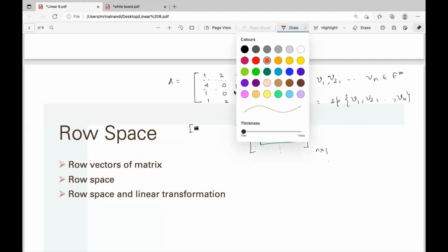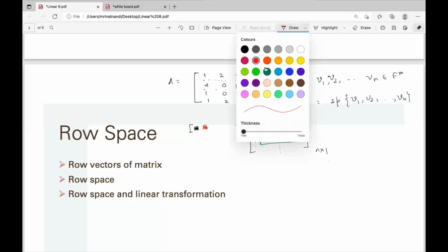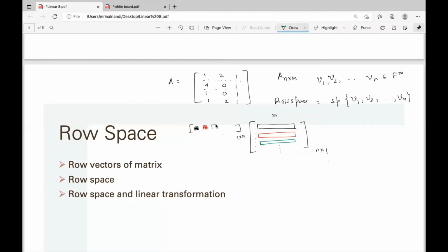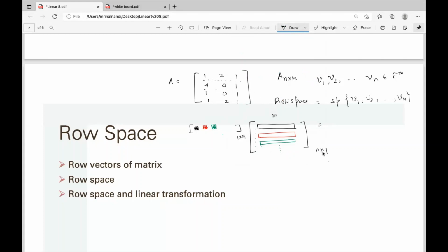Now, the first scalar is, say, this one. The second scalar is this. The third scalar is this. If we multiply, the result will be a 1 cross n times n cross m, so that will be a row vector of Fm.